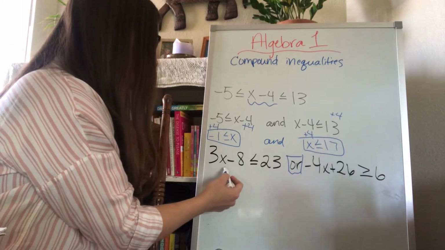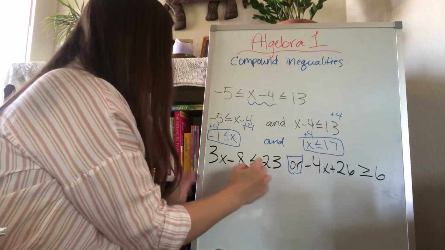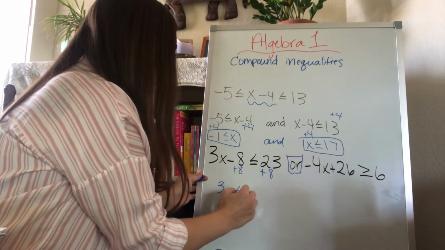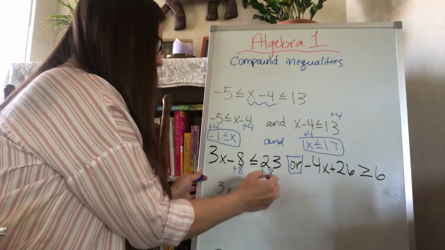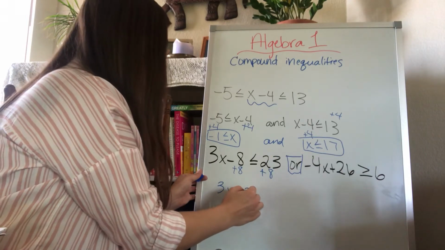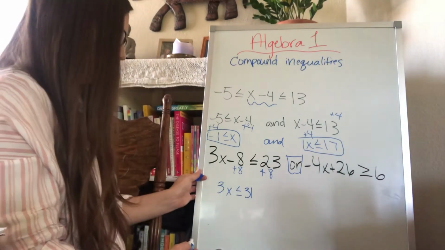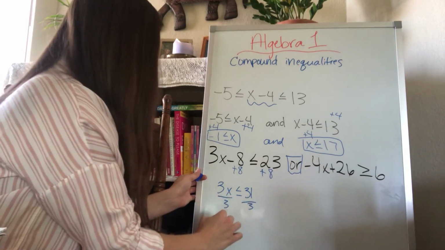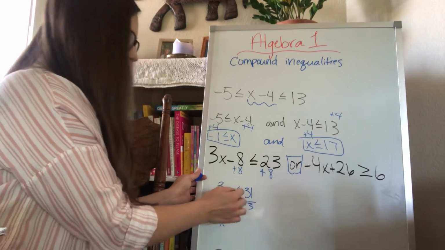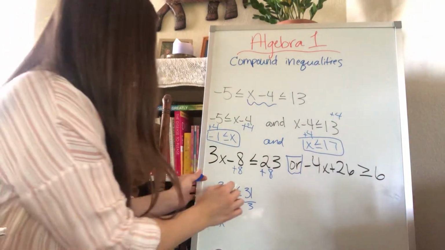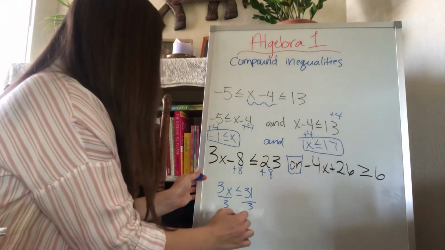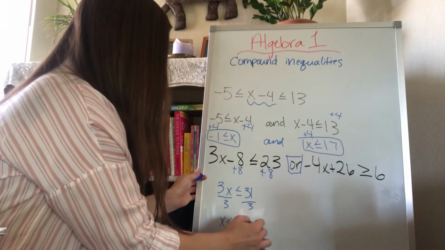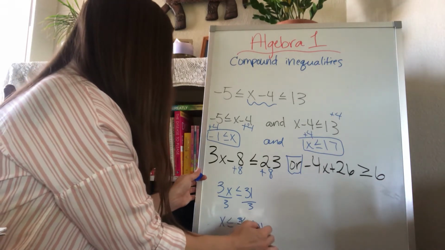We're going to keep our x over here and add 8 to both sides. We're going to have 3x is less than or equal to 23 plus 8, which is 31. Okay, and then we're going to divide both sides by 3 to get that x by itself. And 3 is positive, so our inequality stays facing the same way. So x is less than or equal to 31 over 3, which is also 10 1/3.